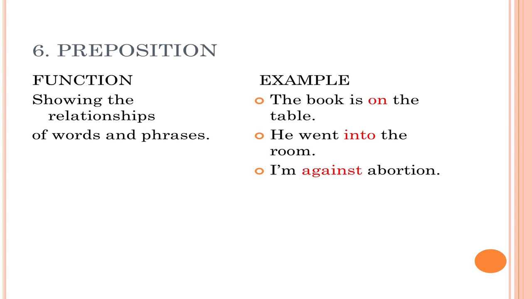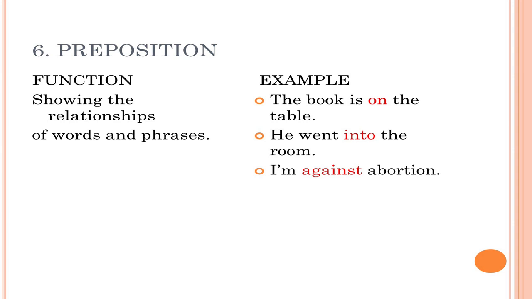Next, we look at prepositions. This is one part of speech that many students actually get confused about. And it's important you learn and understand this part of speech very well and know how to make good use of them.